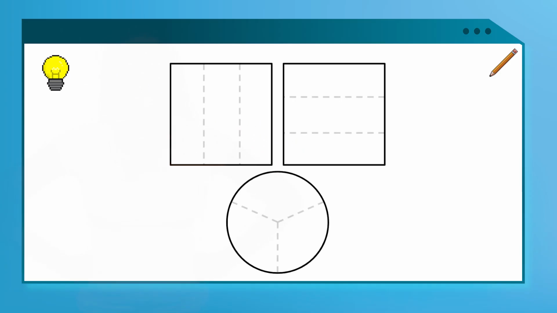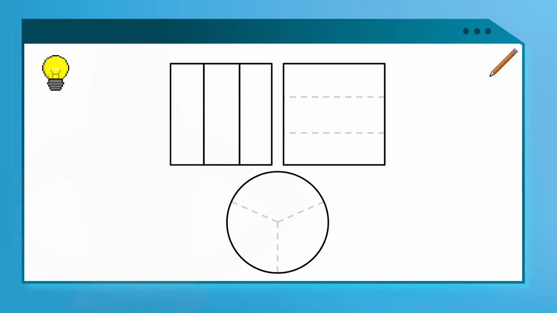We have a hint. Follow along with me in your guided notes. These dotted lines can help us practice breaking these apart. This first line is not down the middle, like with halves. It's a little bit to the left of that line. And the other line is just slightly to the right of the center. Interesting. This gives us three equal pieces, thirds.